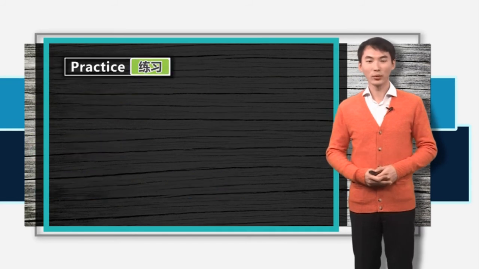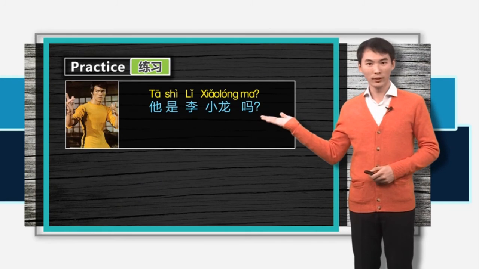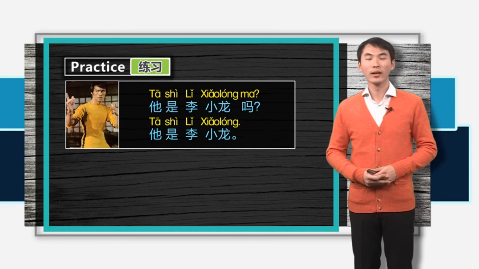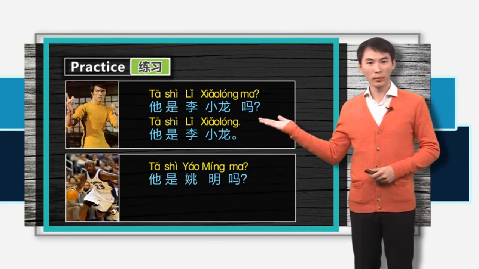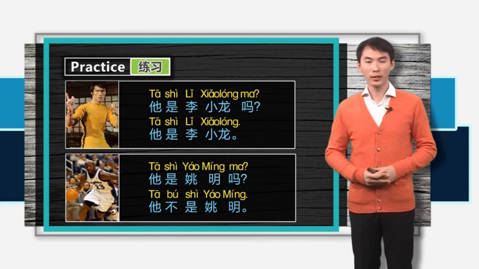Let's play a game to see whether you know them. 他是李小龙吗? How do you answer? 他是李小龙. 他是姚明吗? How do you answer? 他不是姚明, 他是 Michael Jordan. Very good.